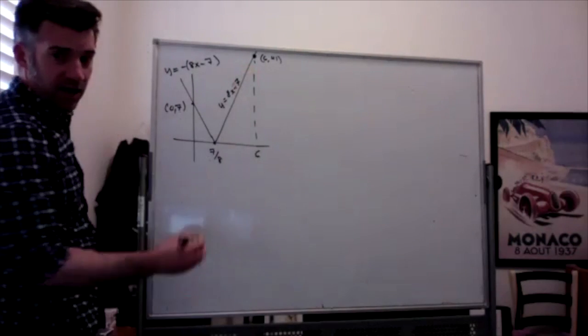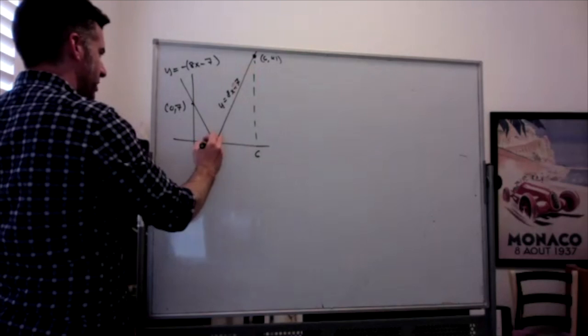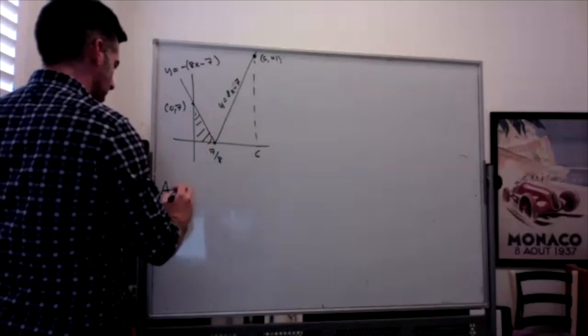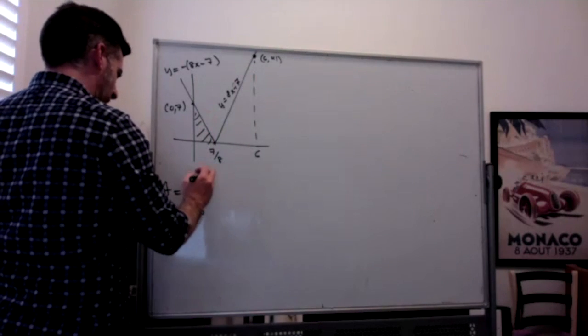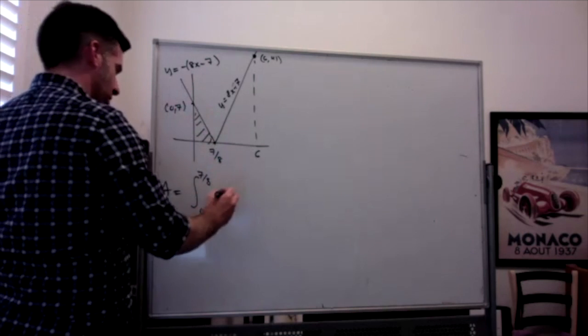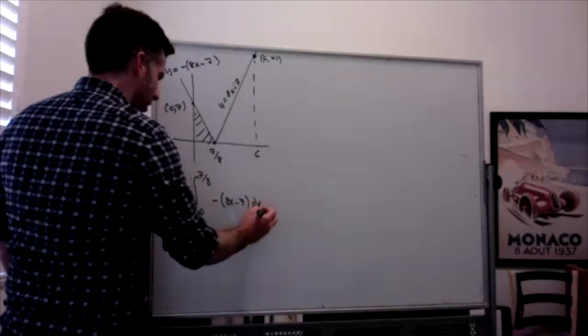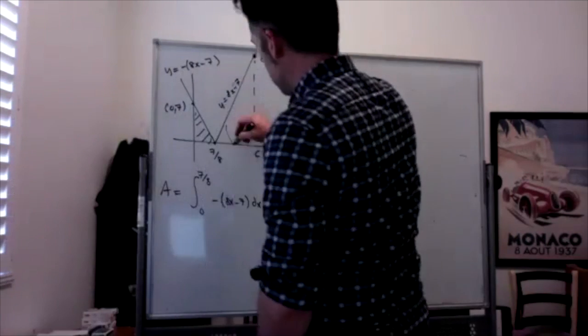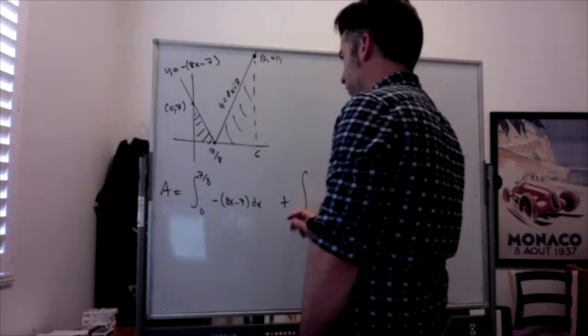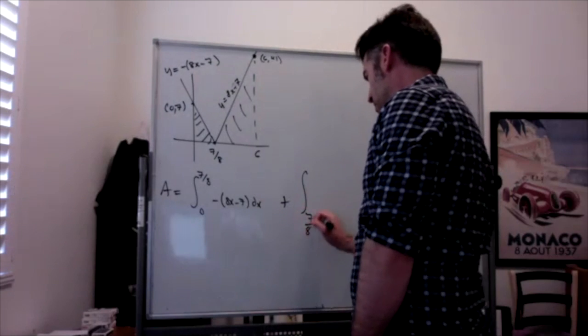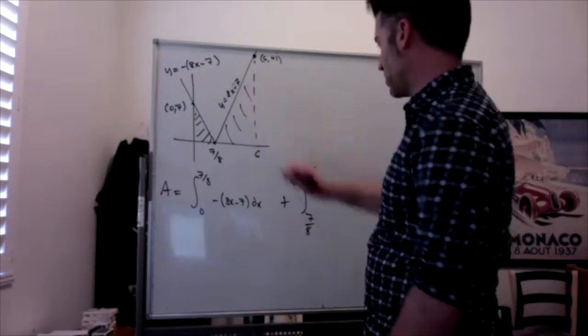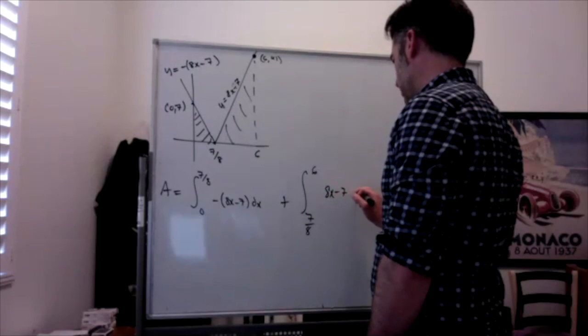Another way you can calculate the area is by doing, well, this area is going to be the integral from 0 to 7/8 of this function, which is negative 8x minus 7. And then this area is going to be the integral from 7/8 to 6 of this function, which is 8x minus 7.